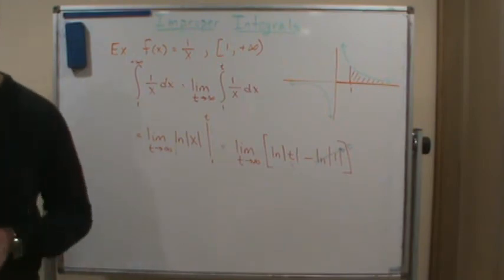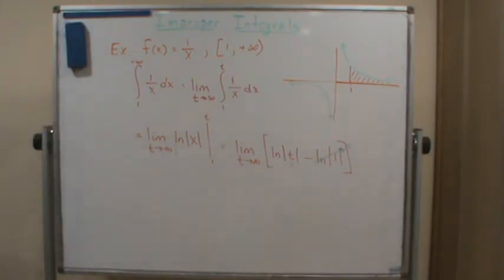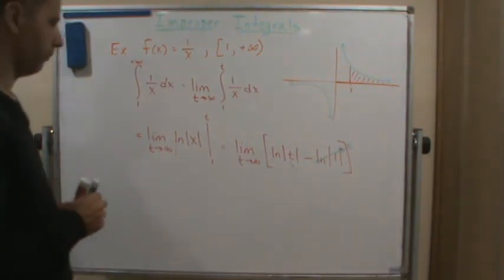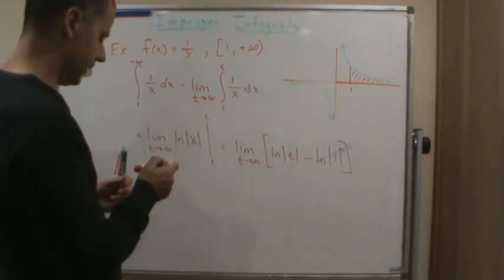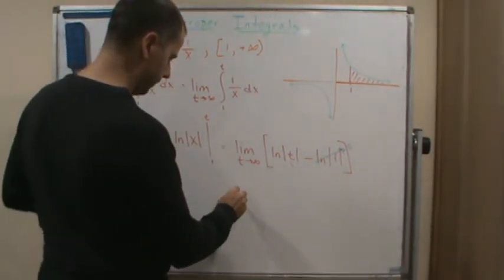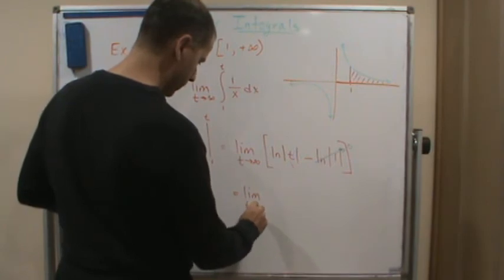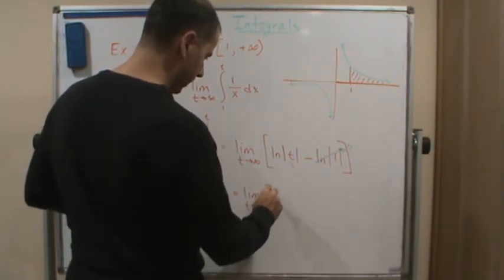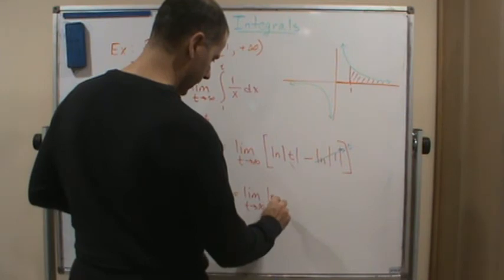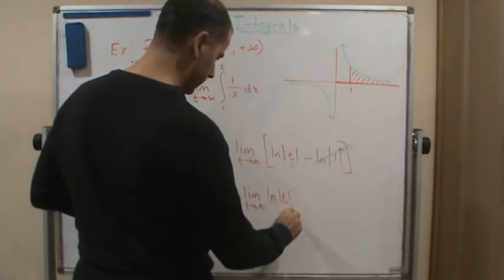Okay, so now what do we end up with? Well, in this case, we end up with the limit as t approaches positive infinity of the natural log of the absolute value of t.